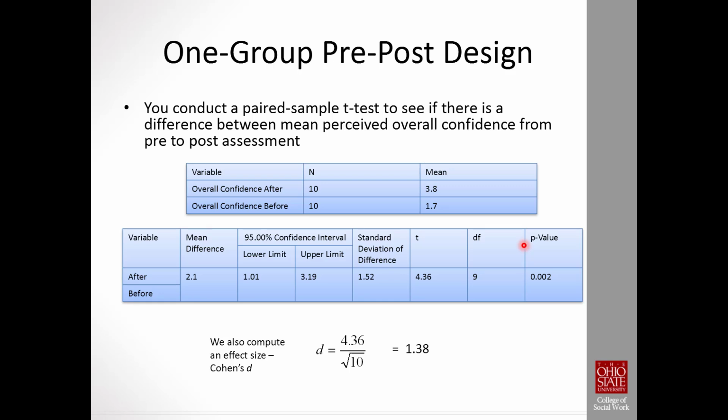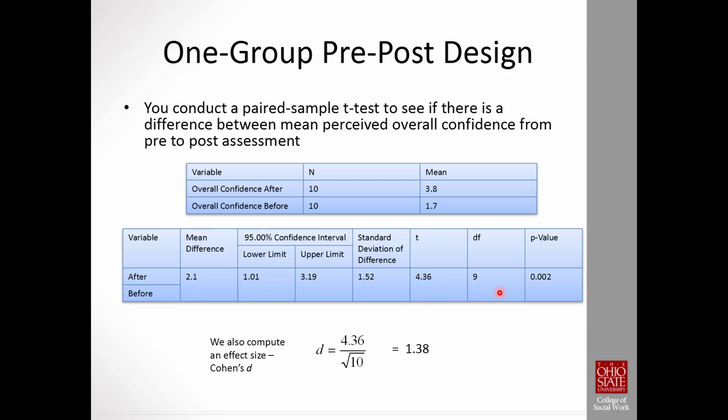We put our data into a statistical program, and we could see that overall confidence, just that last question, rated on a 5-point scale was 1.7 at the start, and at the end of the day it was 3.8. So the mean difference, which is the effect size on that 5-point scale, was 2.1 points, which is a pretty large difference on a 5-point scale.